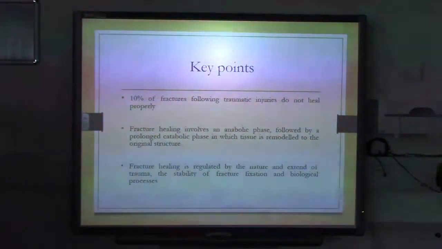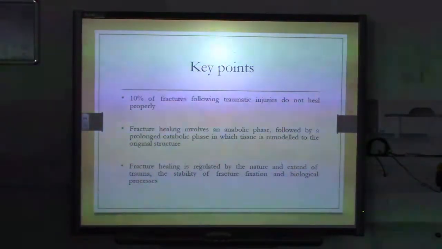And bone healing involves two main phases, which is the anabolic phase and the catabolic phase. The anabolic phase is first, and this involves increased tissue volume to form new skeletal tissues, and it's followed by a prolonged catabolic phase, which involves tissue remodeling and bone resorption.